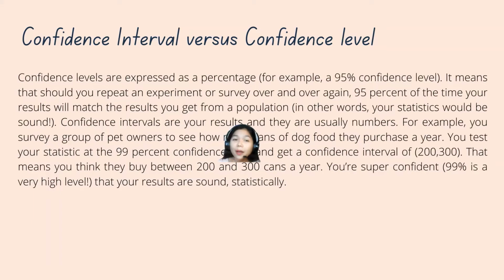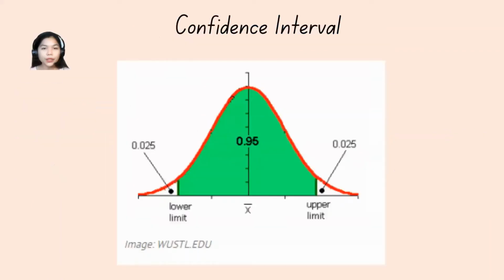So, ayun po, pagka sinabing level, yun po yung 95, 99, yung mga percentages. Pagka sinabing interval, we are actually trying to refer to the figures or the numbers, the lower limit and the upper limit. So, ito po yung ating confidence interval.